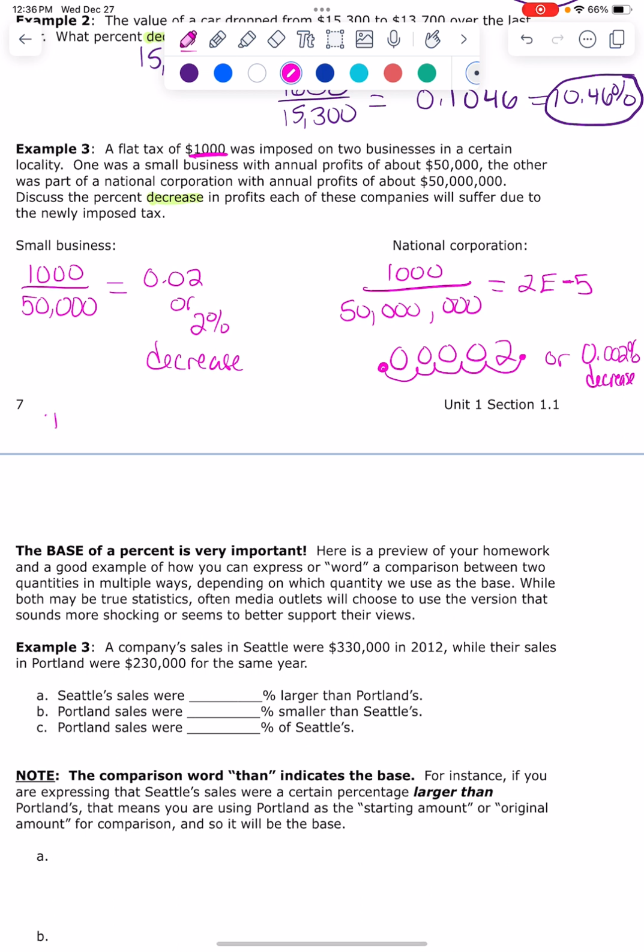So I would say that the flat tax affects the small business much more than the corporation.